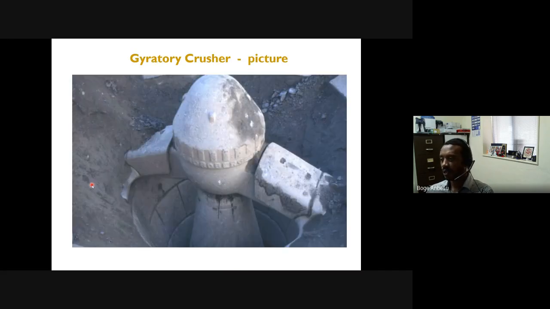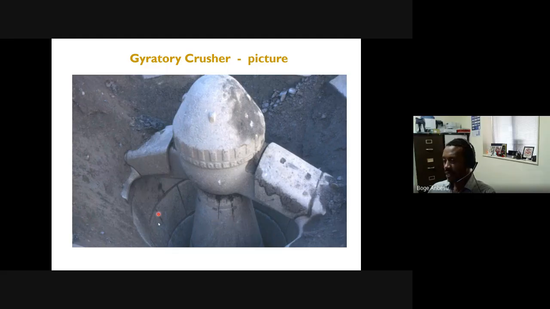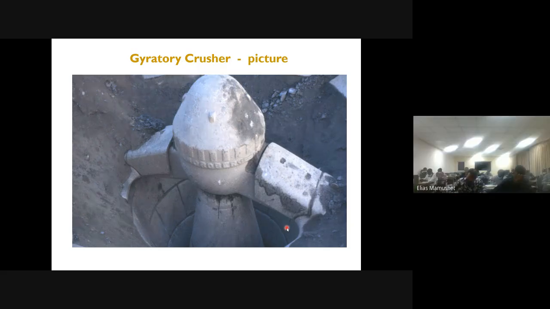So for large scale, they're more suited. And this is what a picture of it looks like. So as I said, this is your spindle inside there, and this is your crushing chamber. So basically, as the spindle moves sideways, it smashes the rock against the wall, and that's how we effect crushing.